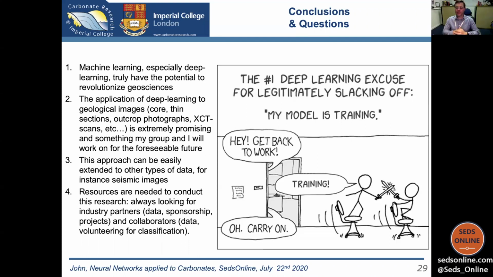Yeah, this is a good point for the human element. And the answer is no, I don't intend to retrain on the whole core. Because if you think about it, the Dunham classification was developed on thin section. So it's a description in the small, I would say. So having those relatively small vignettes and outputting multiple smaller classifications on the core, in my opinion, is the way to go.